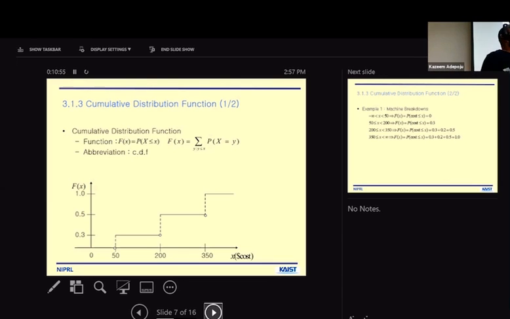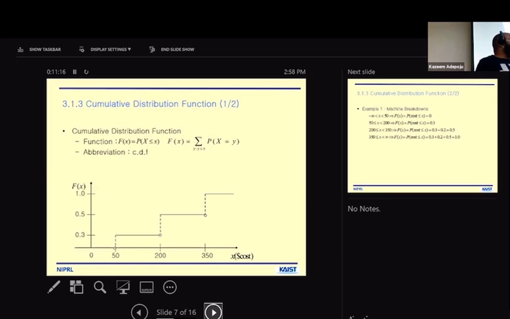A question like that can be answered by using the cumulative distribution function. So we can use a cumulative distribution function to answer a lot of questions. It can be used to answer a question of, what is the probability of X less than or equal to a realized value?